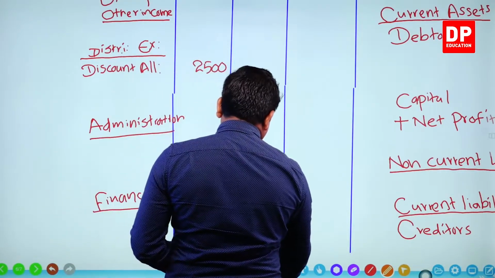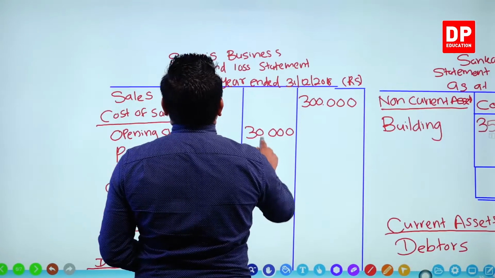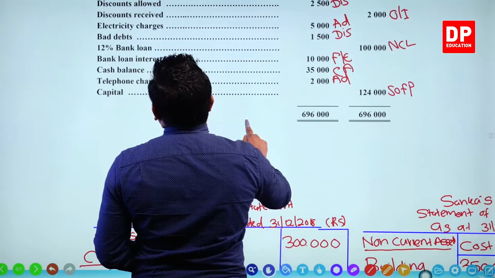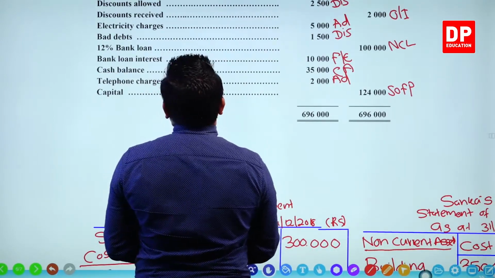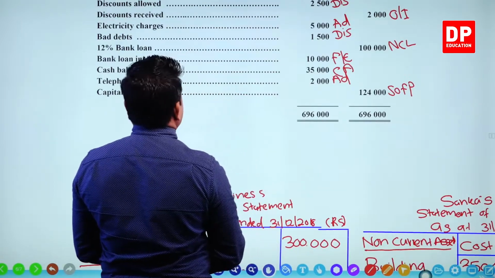Okay, now next. Discount received 2,000, electricity 5,000.